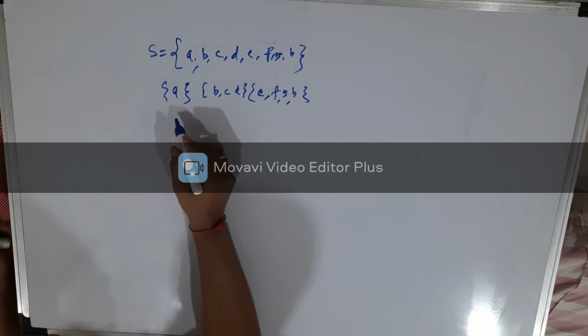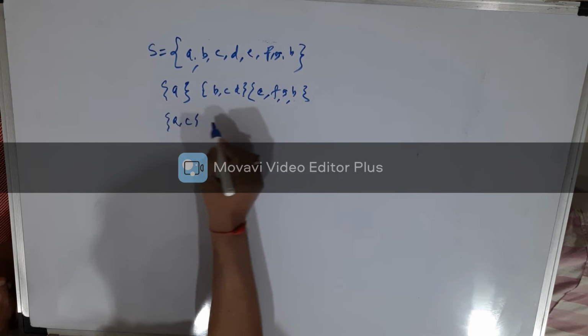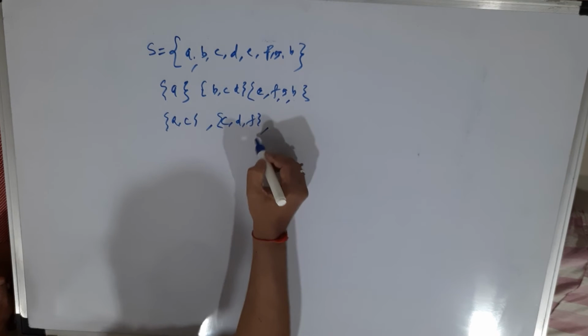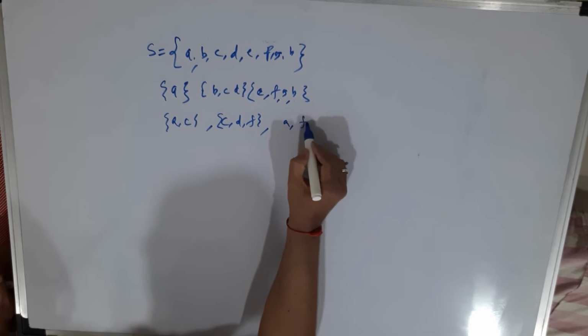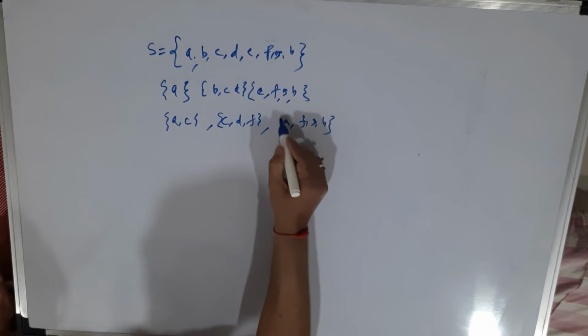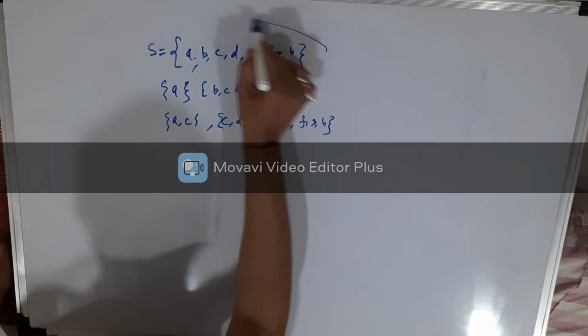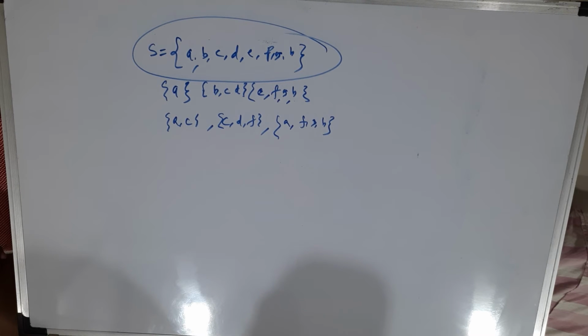Another partition is A, C, D, F, and then A, F, G, H. So any such grouping of the set is called a possible partitioning of that set.